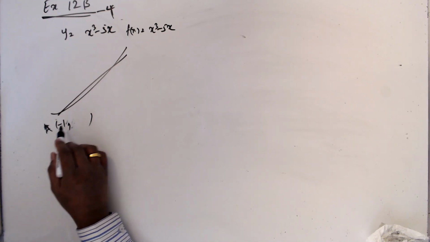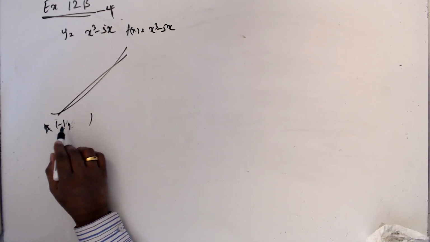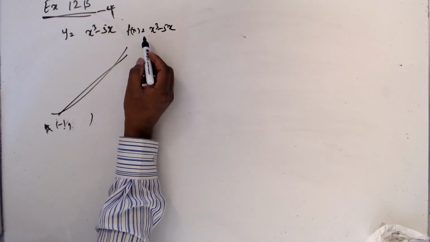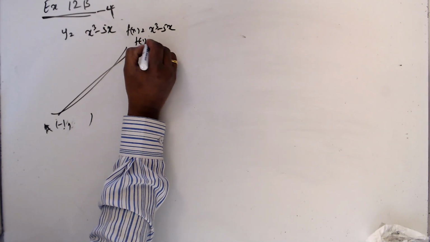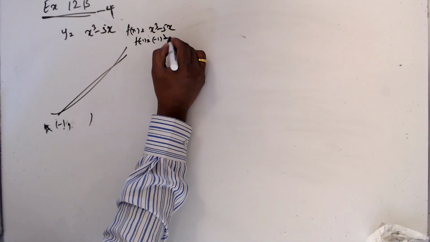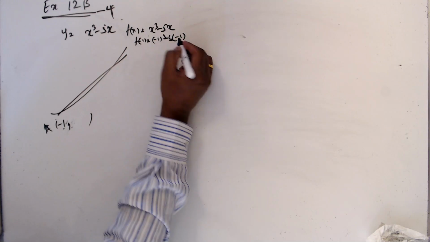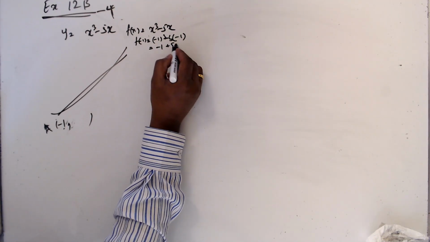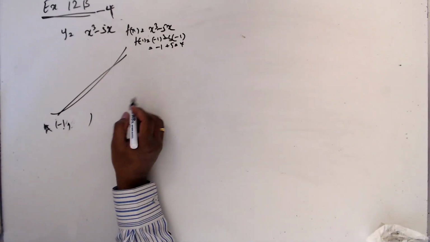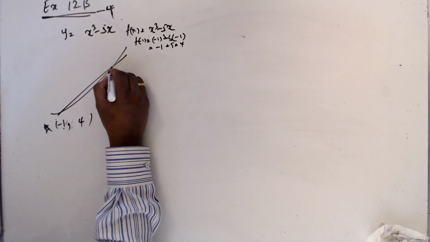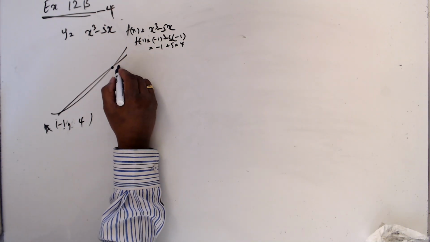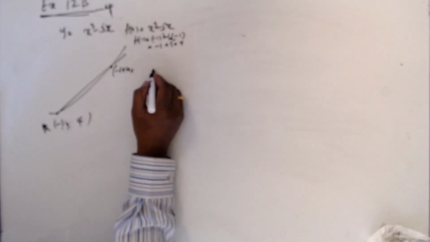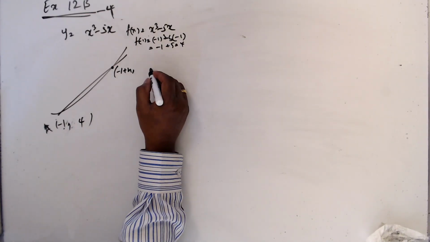Then when x equals −1, what is y? f(−1) is (−1)³ − 5 times (−1). This is −1, this is plus 5, this is going to be 4. So this is 4. Here x is −1 + h, h away. So what is this point now?